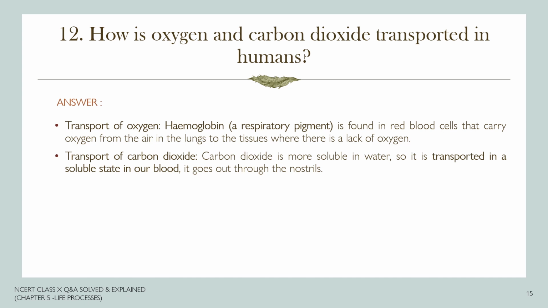It combines with oxygen to form oxyhemoglobin and is carried from the lungs to different parts of the body. Whereas carbon dioxide is soluble in water and can be easily transported through the blood and is brought back to the lungs, and then it goes out of the body through the nostrils.